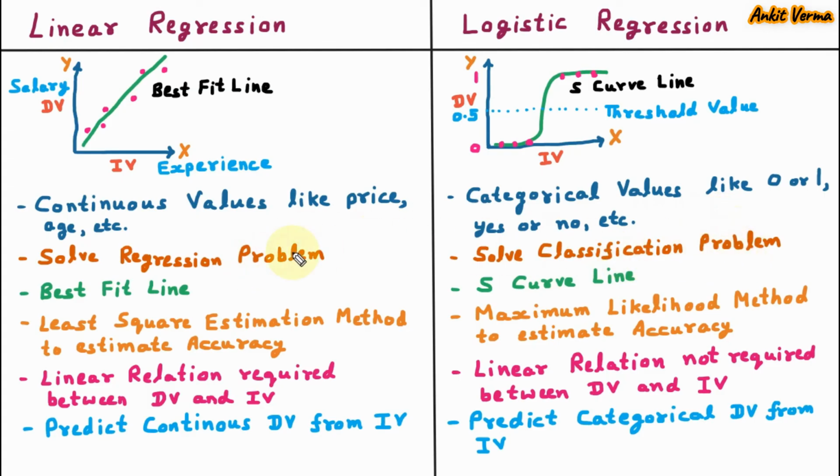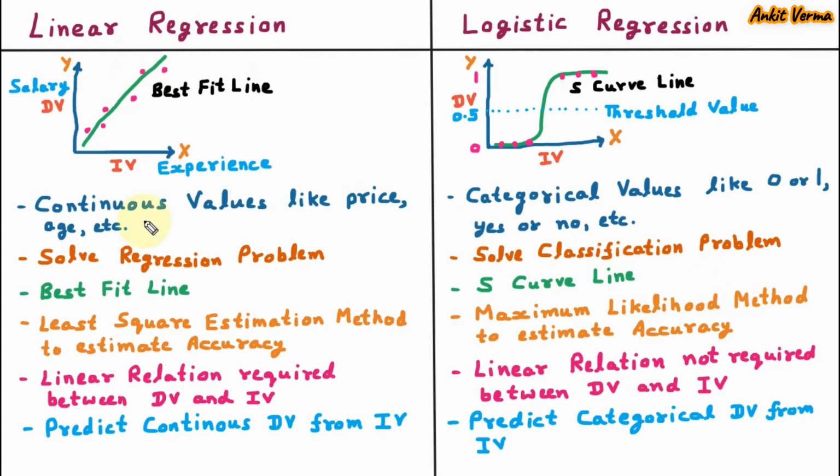These two problems are part of supervised learning. In linear regression, we have a best fit line, which is the best fit among the data points. And in logistic regression, we have an S-curve line, which falls between 0 and 1 and makes an S-curve. In linear regression, to estimate accuracy, we use the least square estimation method, and in logistic regression, to measure accuracy, we use the maximum likelihood method.